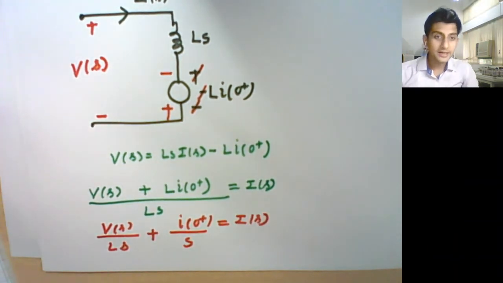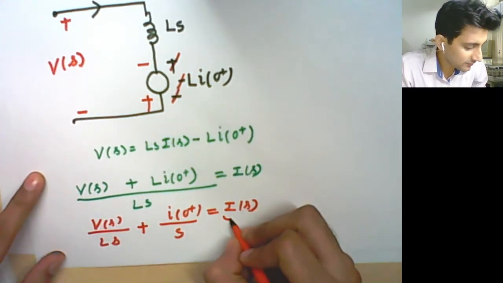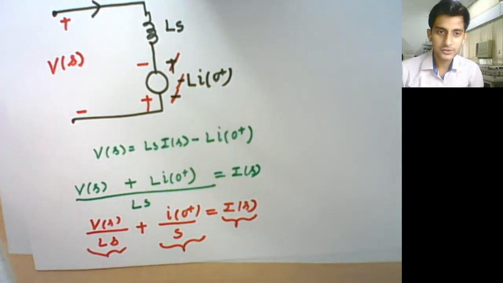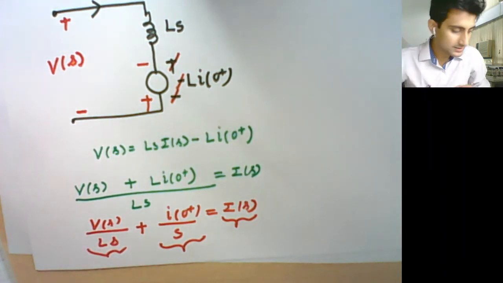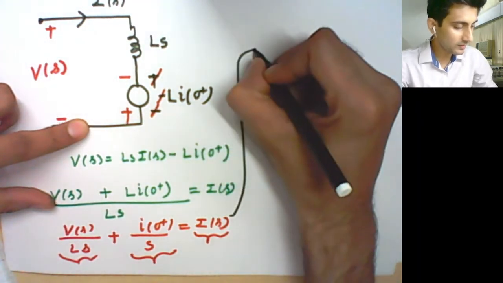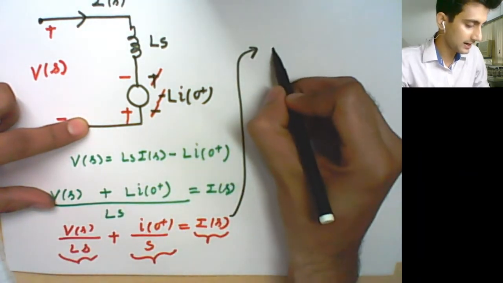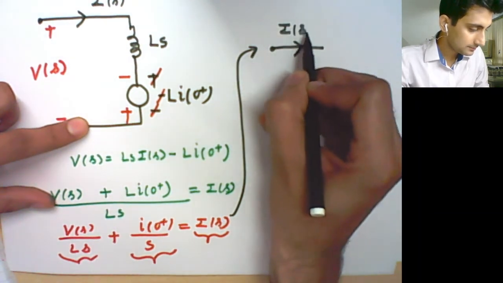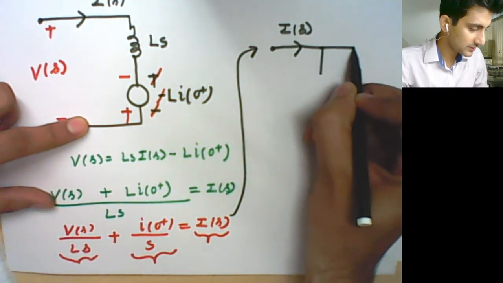And how do you add two current sources? So this is as if Is is equal to some I1 plus I2. How do you add two current sources? In parallel, by putting them in parallel. So if I have to take the equivalent transform of this, let's say this is my Is. Then Is breaks into two branches.